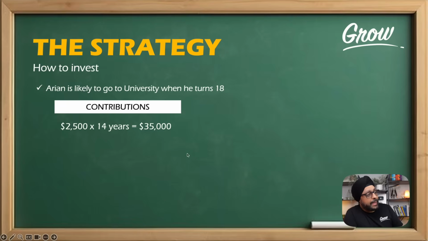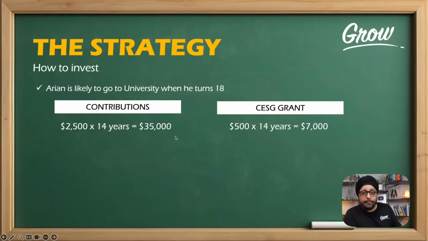There'll not be any incremental benefit of me contributing more than $2,500. So $2,500 I invest for 14 years, and that's $35,000 of my contribution into RESP, and the grant will be $500 per year multiplied by 14 years. That's $7,000 of grant that I've taken. Only $200 of grant is left, which will happen in year 15.